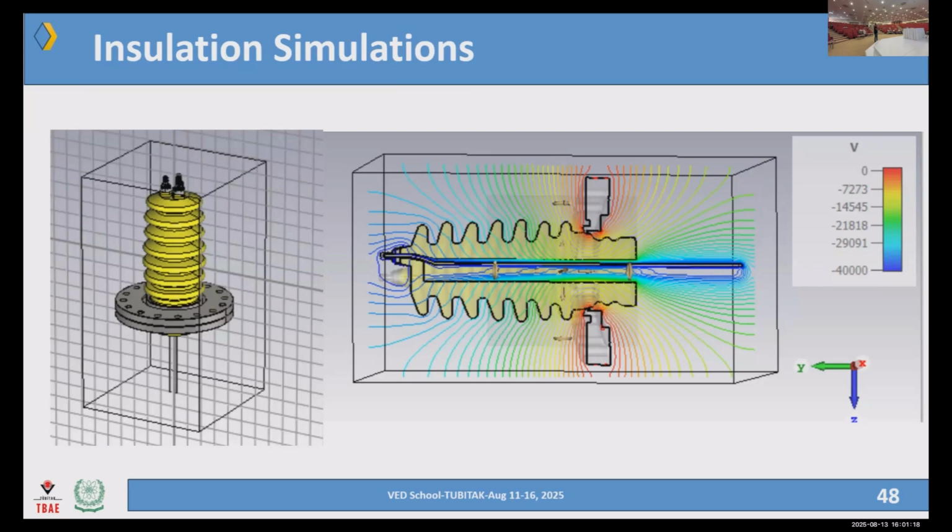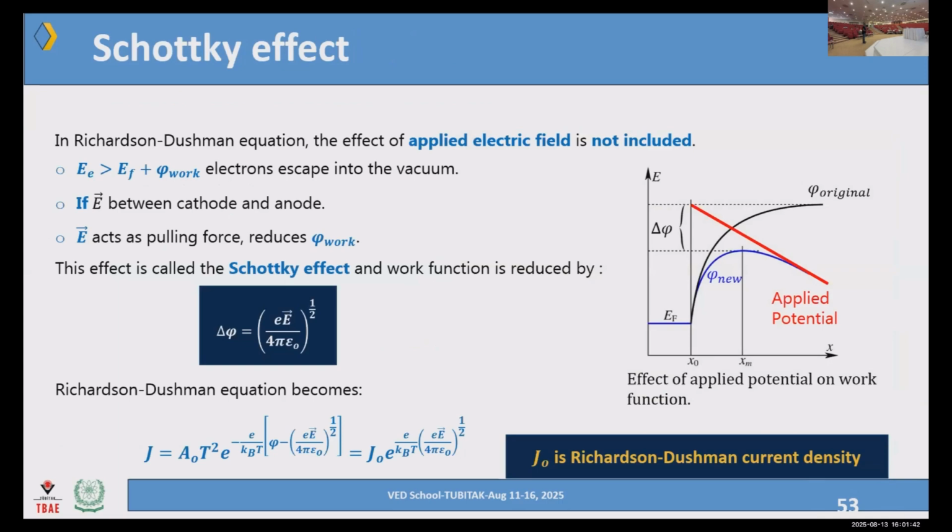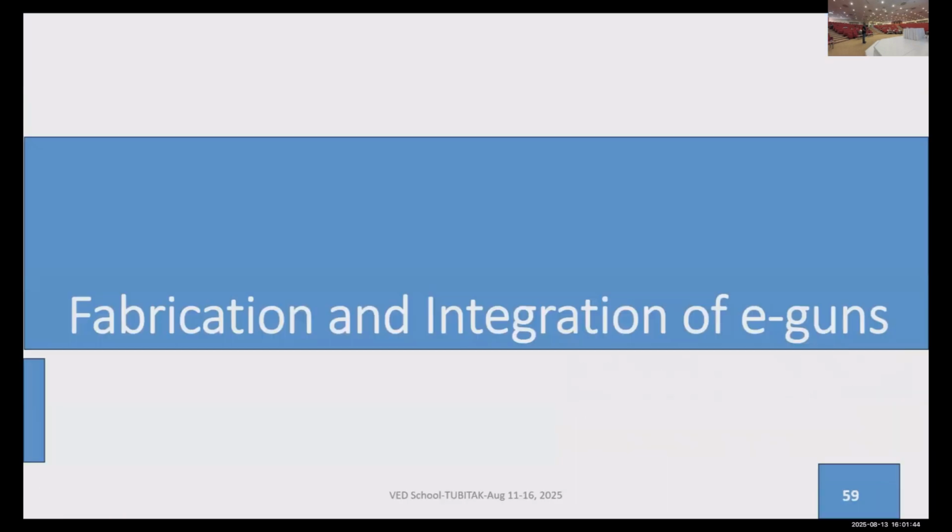We have increased about 20 times the thickness of the ceramic, and again we are using the corrugated fins of the ceramic in order to avoid any possibility of this high voltage to jump to this point, because the flange is at ground. Good. Thank you very much.